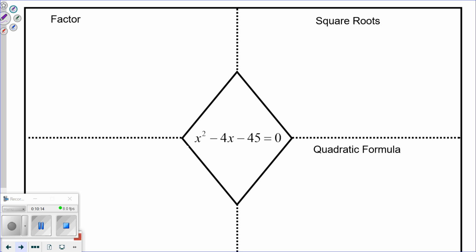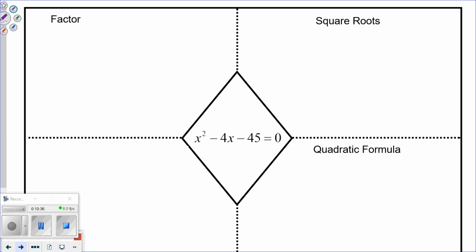Yeah. We just did, right? I factored and I had square root method. Is it possible that I can use the quadratic formula only? Yes. Is it possible I can factor only? No, because quadratic formula works on everything. Is it possible I can use a square root method only? No. Right. Quadratic formula works on everything.